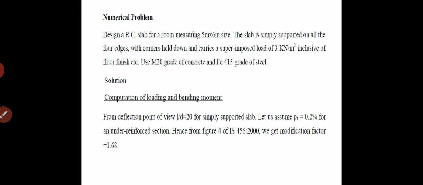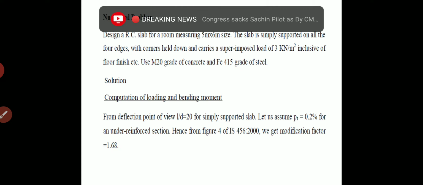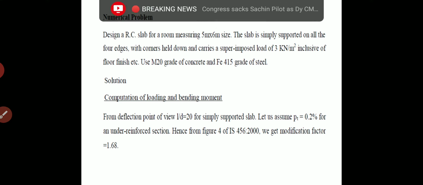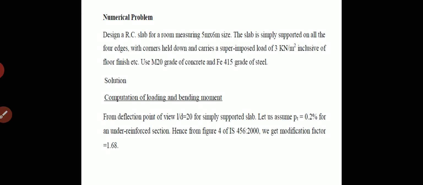The slab is simply supported on all the four edges with corners held down and carries a superimposed load of 3 kilonewton per meter square, inclusive of floor finish, etc. Use M20 grade of concrete and Fe 415 grade of steel.